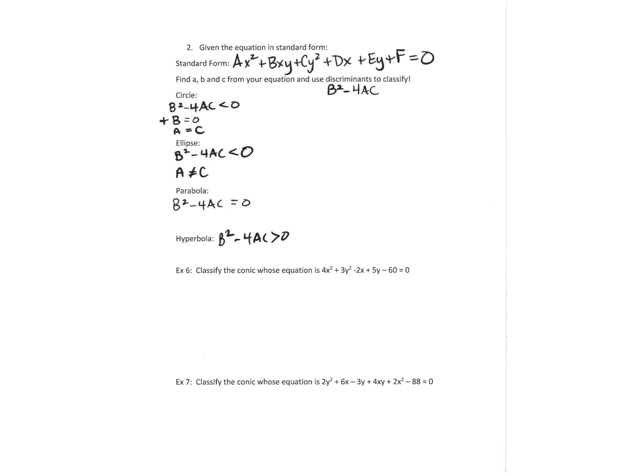Now, how hard is it to do? It's not. Pick out your A, your B, and your C and plug it in. So let's look at this. What is A here? 4. It's with your x squared term, right? What's B? Is there an xy term? There's not an xy term, is there? So what would B be? 0.